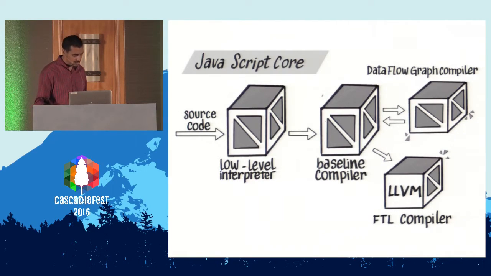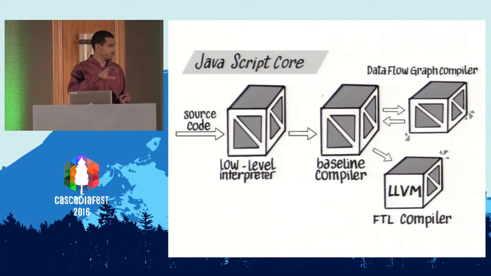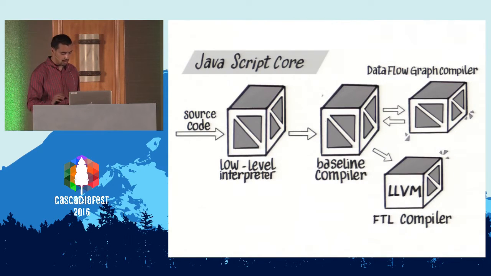And as you can see, one of their components is LLVM, which is a compiler that applies all sorts of optimizations, and it's also a different project outside JavaScriptCore, and serves as the backend for FTL.